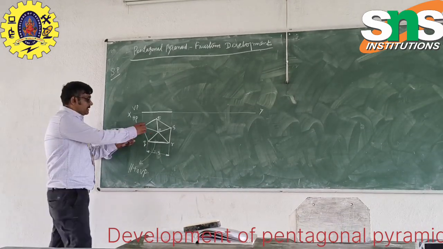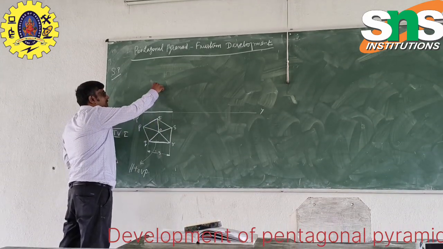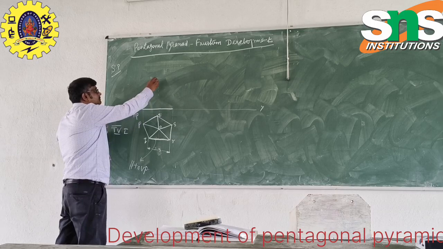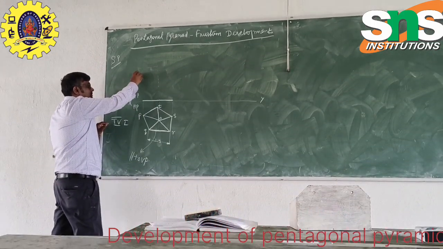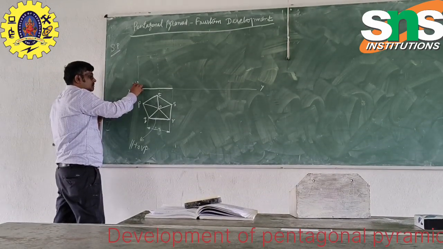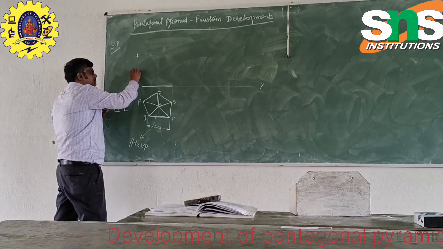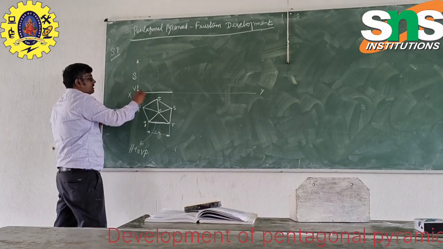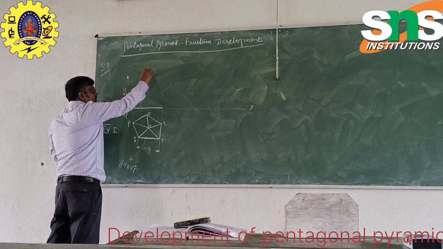Now there should be an apex line O, that is the center axis line. What is the axis length given in the problem? 60 millimeter from here to the apex, O dash.